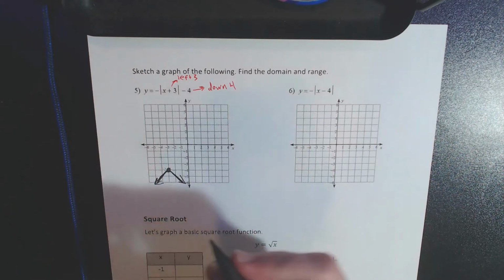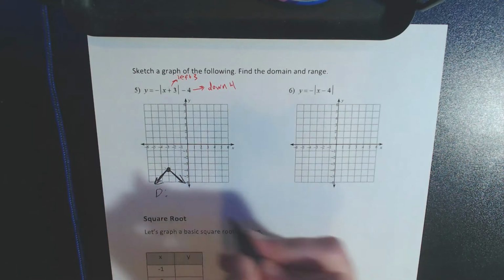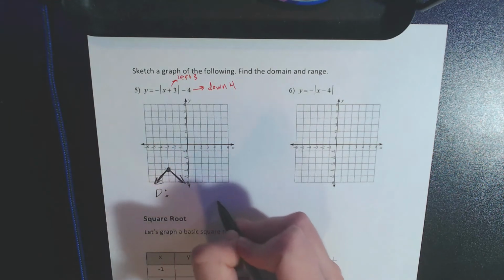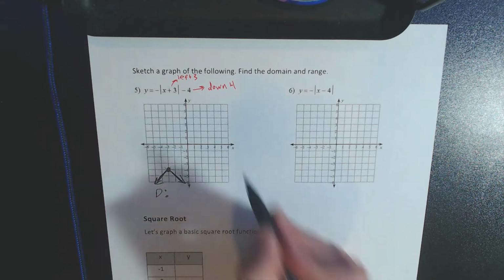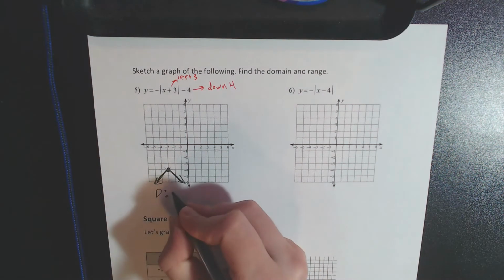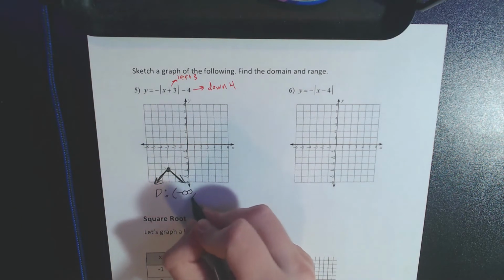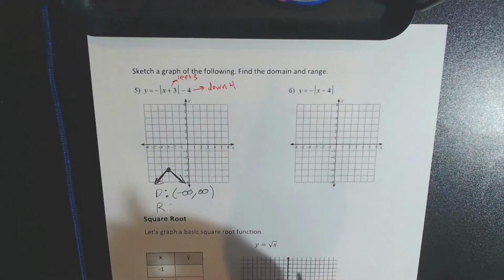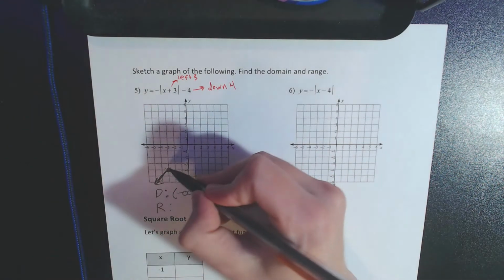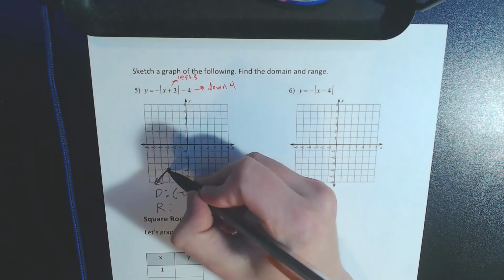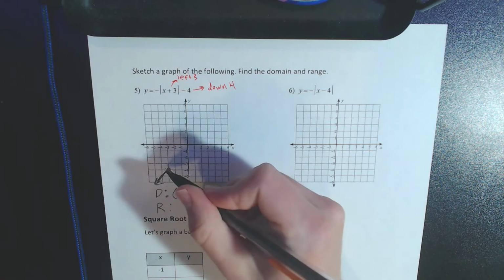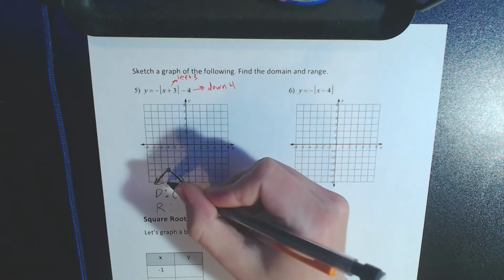Okay, let's just find domain and range real fast. Domain, again, is anything is going to work. Any horizontal point is going to get hit. And then the range, what y values are hit, it's only from -4 down, right? -4 to -infinity, that's what's getting hit.